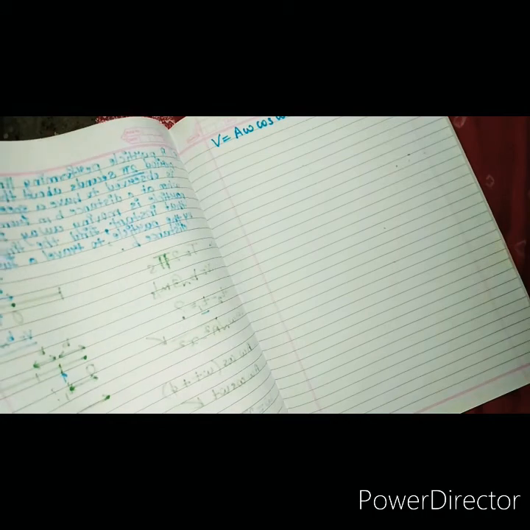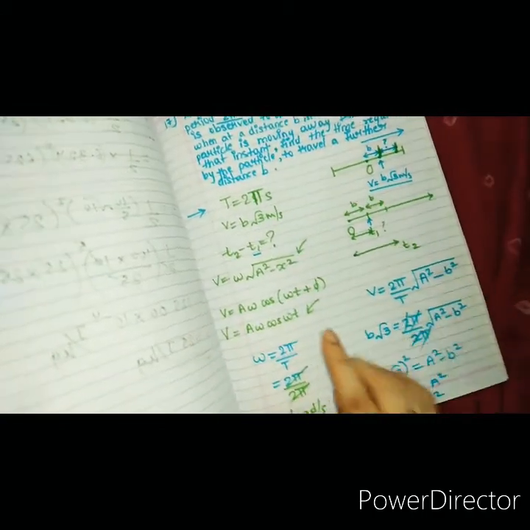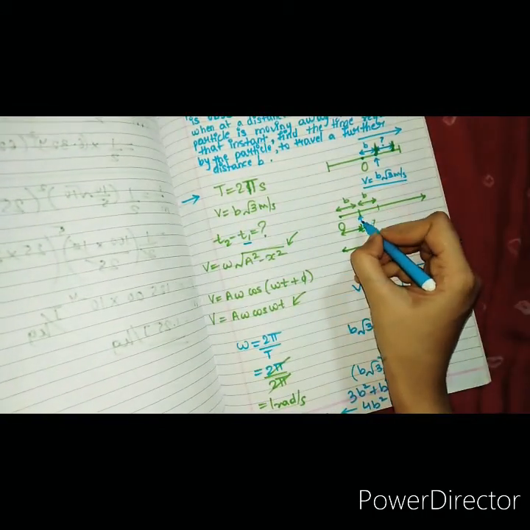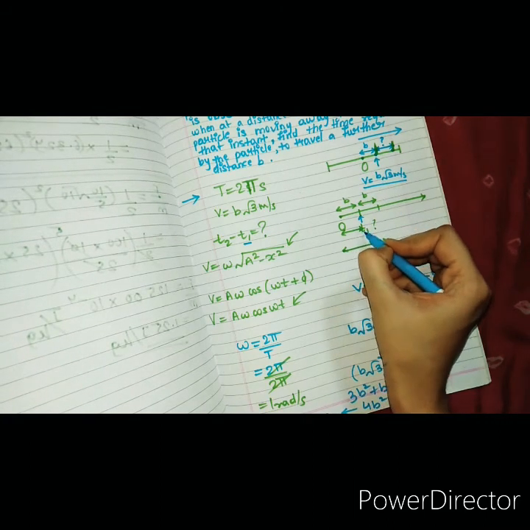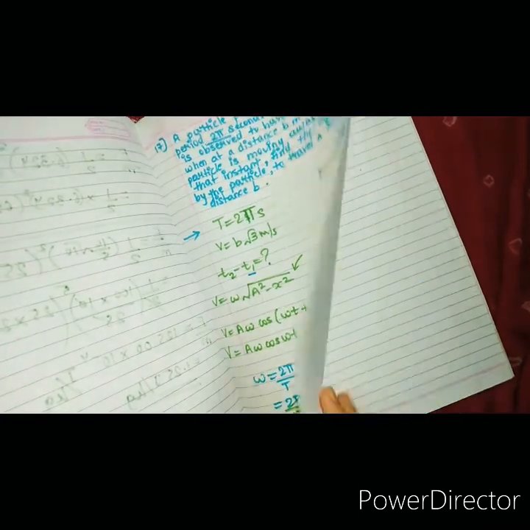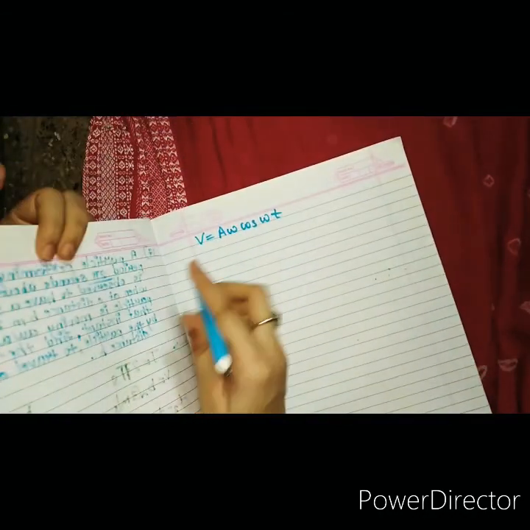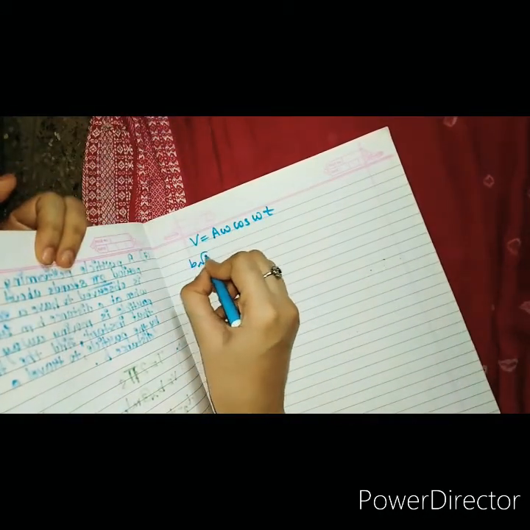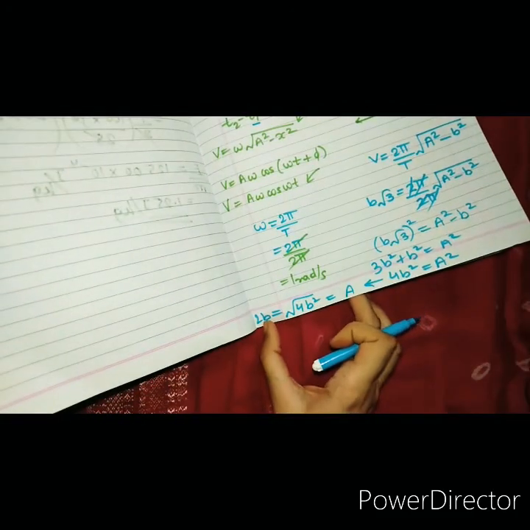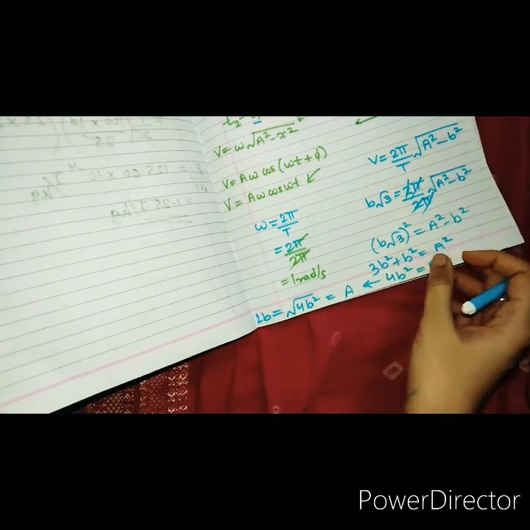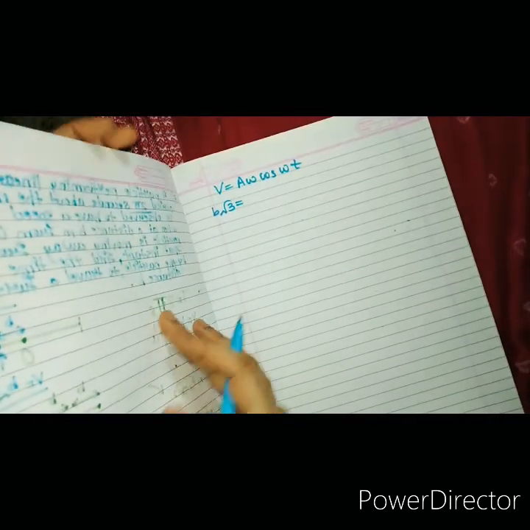What is the velocity? At this point, which is marked with b, we know the velocity, that is b root 3, and the time is t1. What is the amplitude? We have just found the amplitude, that is nothing but 2b.